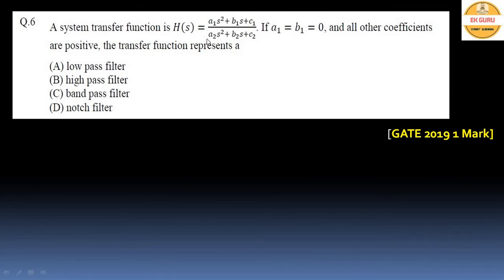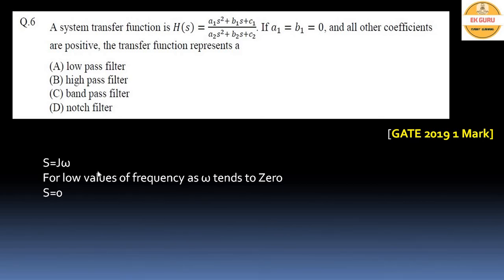For this we have to determine the frequency response of the system. For determining the frequency response, we substitute S is equal to J omega, where omega is the radian or angular frequency. For low values of frequency, omega tends to 0. We substitute omega is equal to 0, then S is equal to 0.